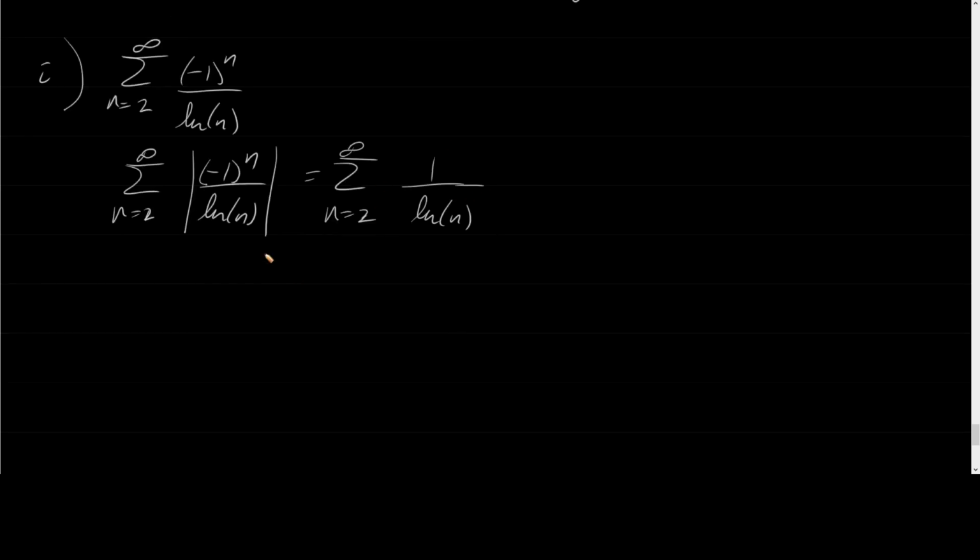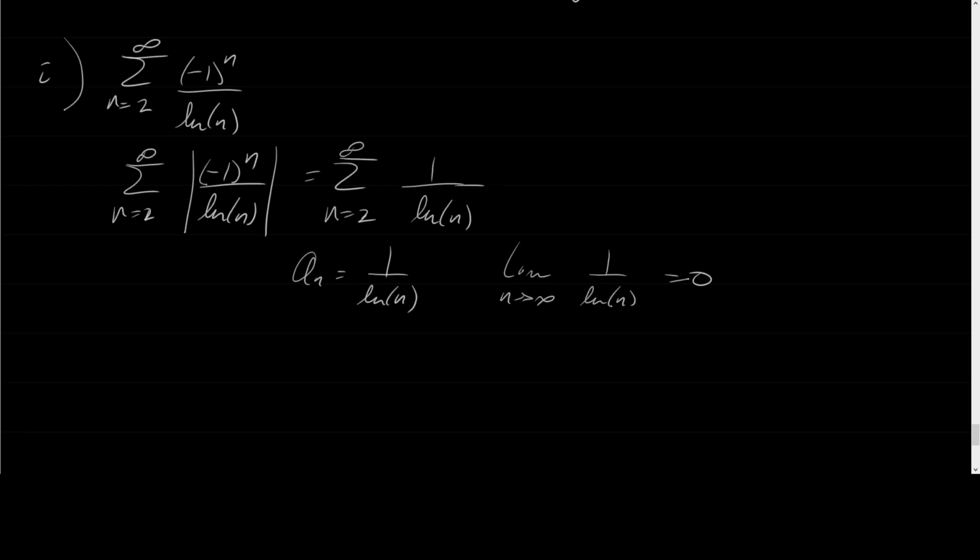Well, our sequence here, a sub n, is 1 over ln of n. Now, this is actually going to 0. So if I take the limit as n goes to infinity of 1 over ln of n, that goes to 0.